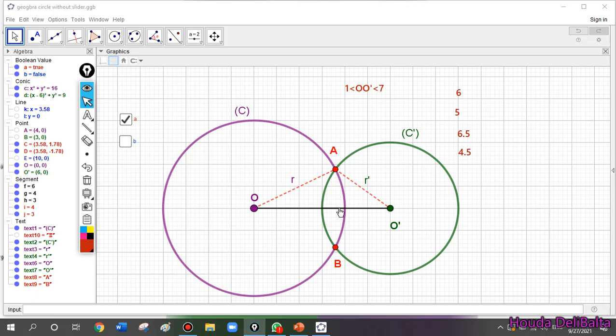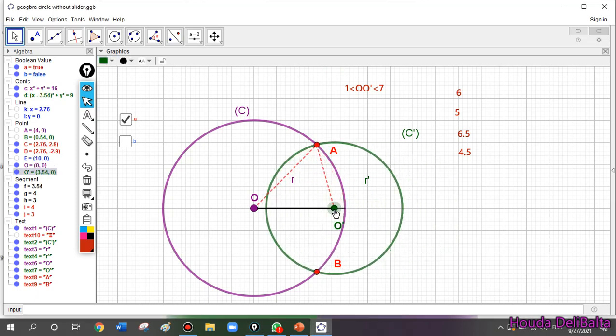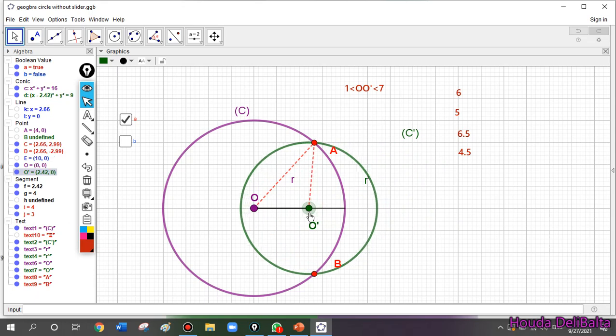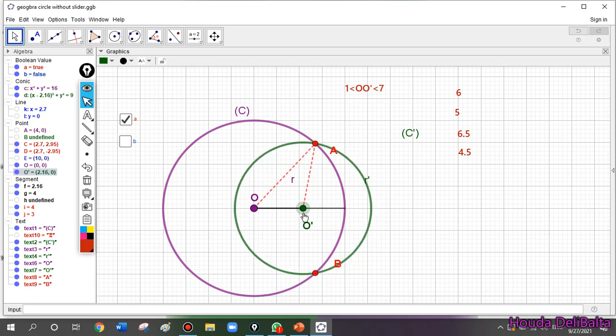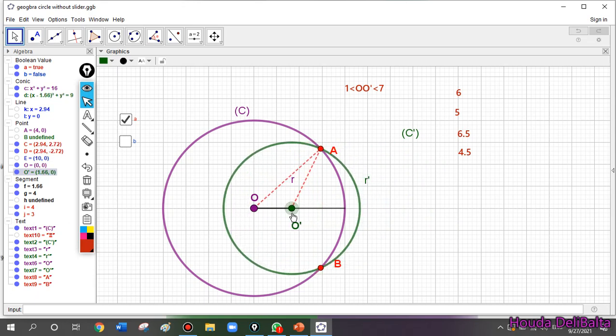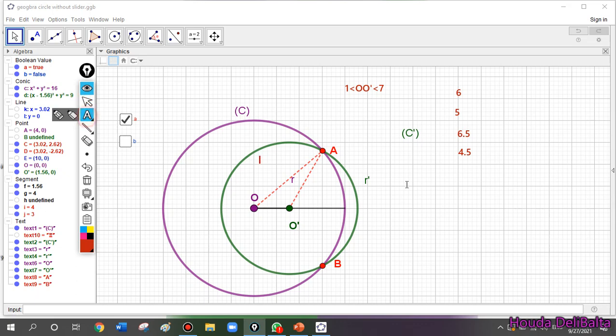Even if we make the intersection like this, notice the distance between O and O prime is 1.5. Let's mark this also. These are intersecting circles and the distance between the centers is 1.5.